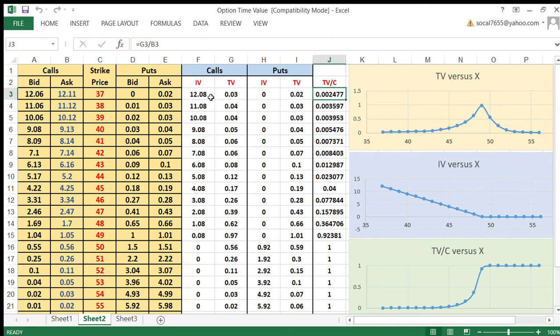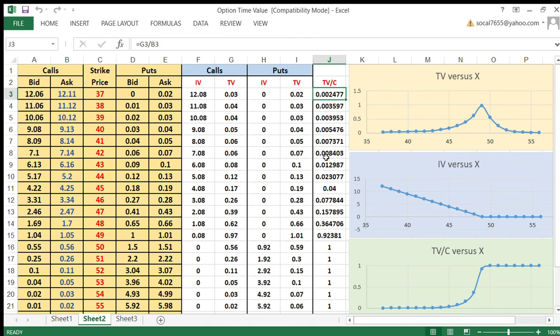Stock price goes up $1, the value of the call will go up almost $1. Stock price goes down $1, the value of these deep in the money calls will go down almost $1. Not exactly $1, because that would imply the delta is 1, and delta for calls is between 0 and 1, exclusive. It's never equal to 1. Down here, the delta for the calls is almost 0.